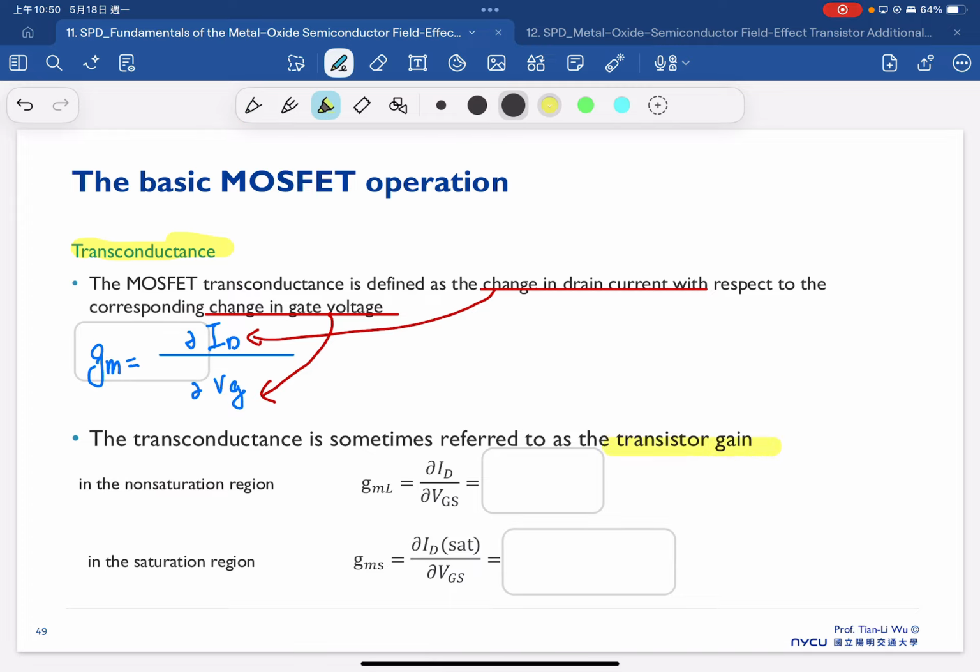And in the non-saturation region, the linear region, we just take the derivative of the current equation in the linear region versus VGS.